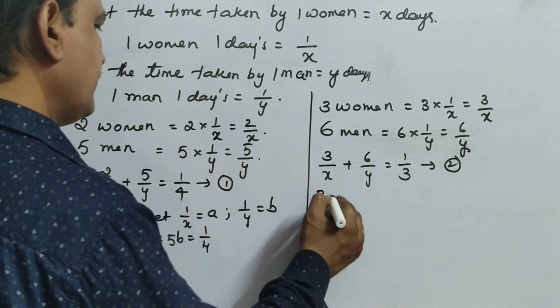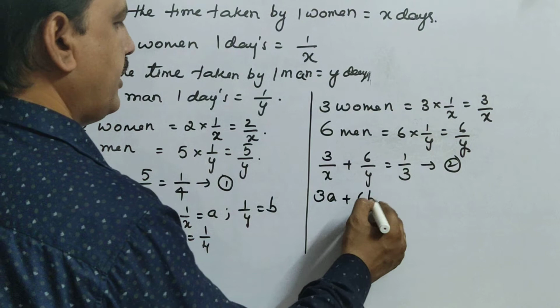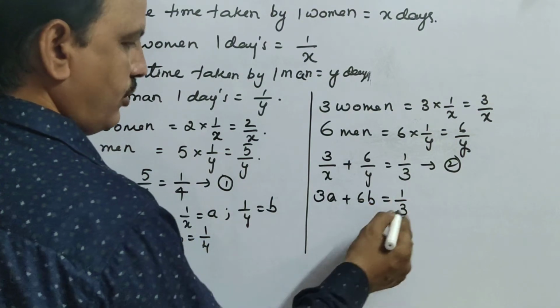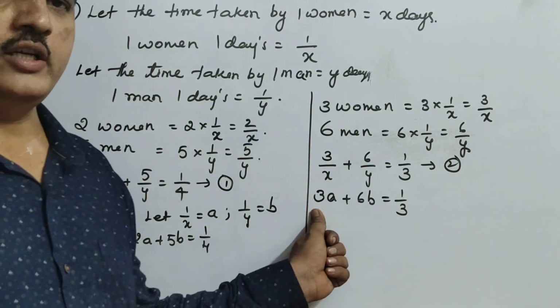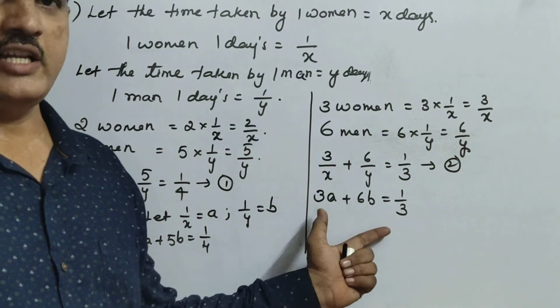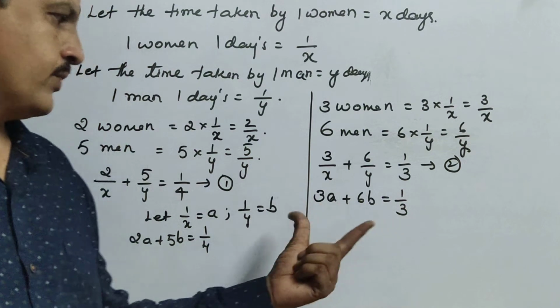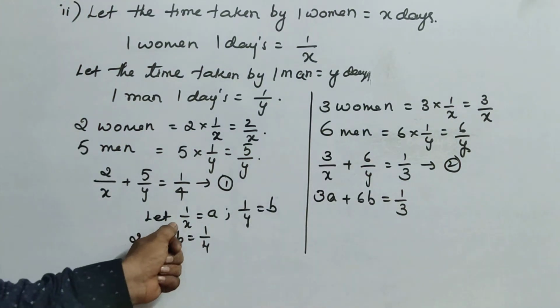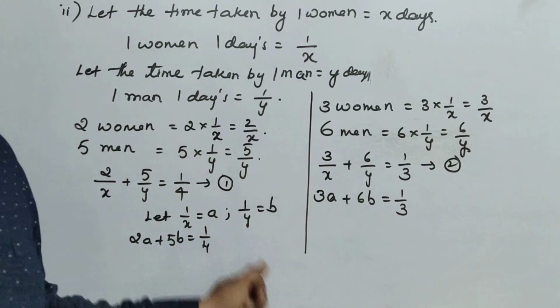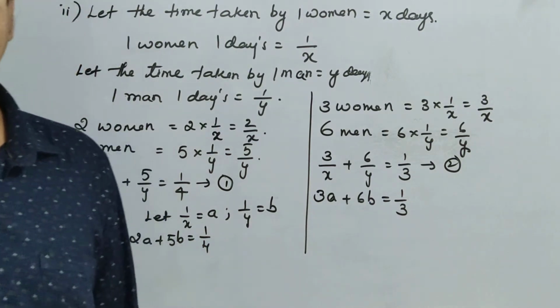Similarly, 3a plus 6b equals 1 by 3. So again just take common here and see if any cancellation or simplification is possible. After this simplification, again substitute the values of a and b in 1 by x and 1 by y. So you will get the values of 1 by x and 1 by y.